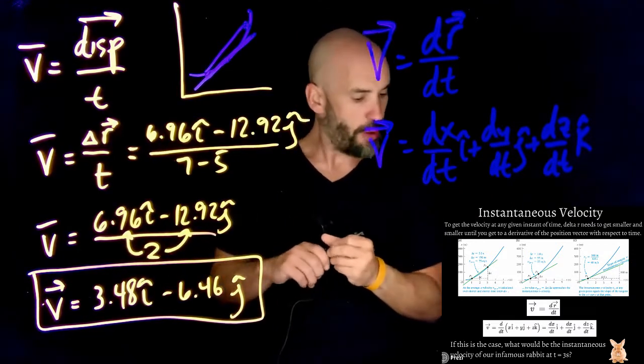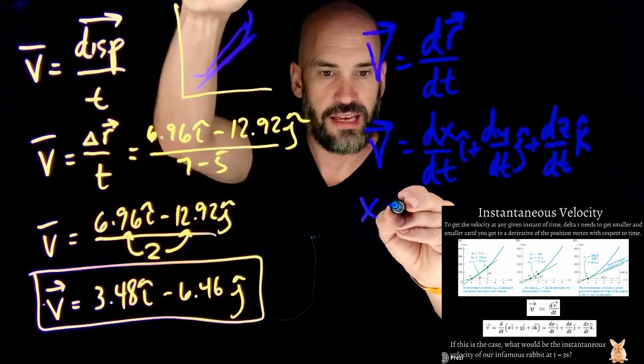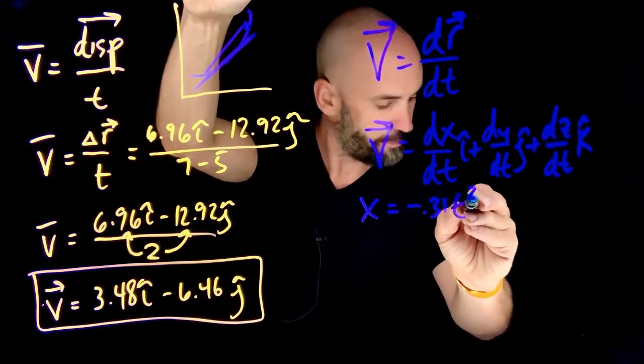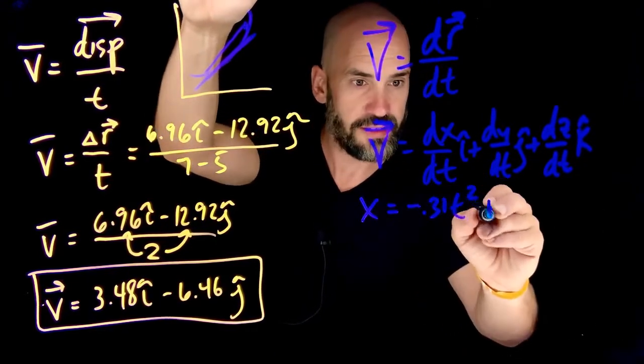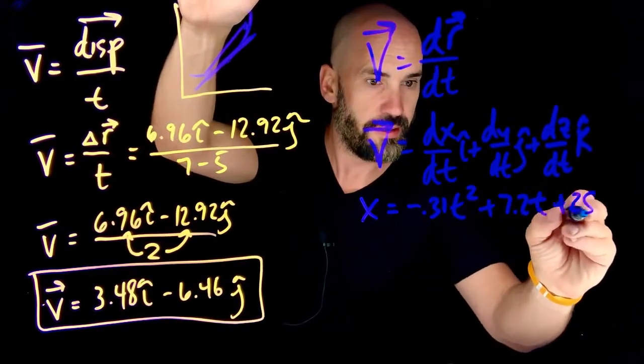Well, for the rabbit, if I remember correctly, the x component was negative 0.31 t squared plus 7.2 t plus 28.